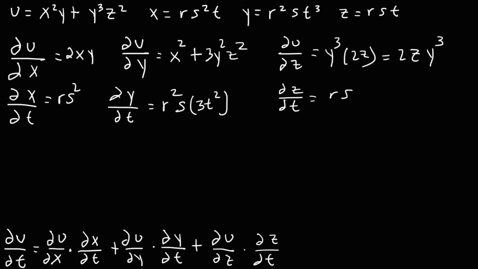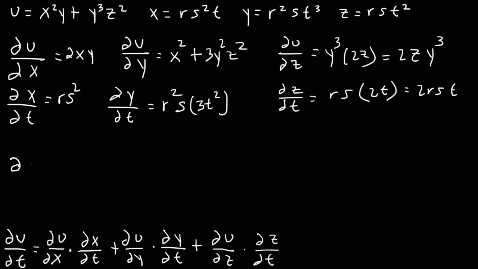So at this point, we have everything that we need. I made one small mistake. z is supposed to be rst squared. So the derivative of t squared is 2t. So this should be 2rst. Everything else is okay.